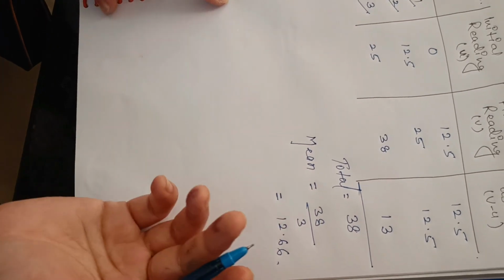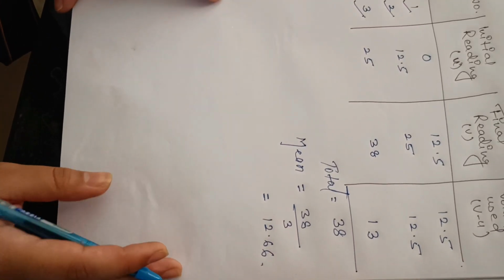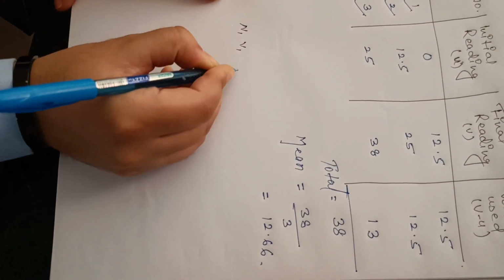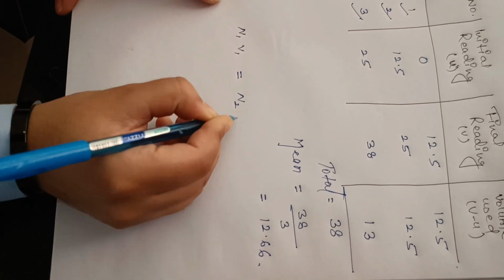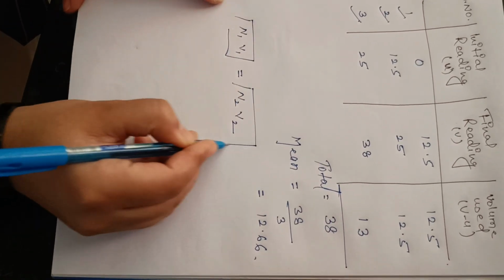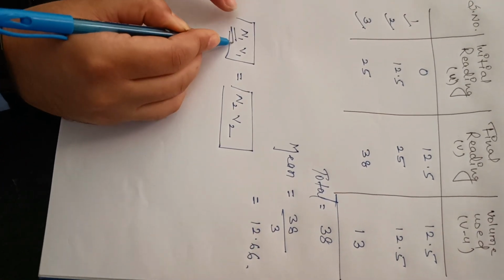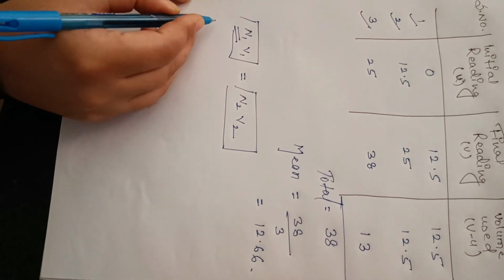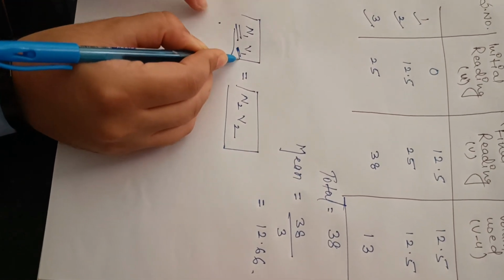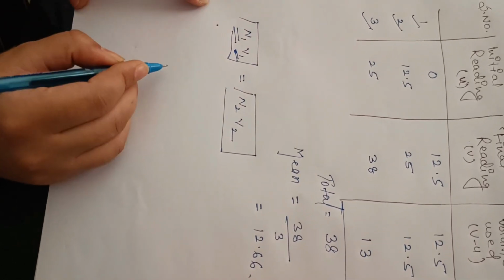Now we will calculate the normality of our secondary standard, that is our disodium EDTA. The formula that applies here is N1V1 equal to N2V2. This is a part of the primary standard, and this is a part of the secondary standard. N1 represents the normality of the primary standard, which will be given. V1 is the volume of MgSO4 we have taken from the volumetric flask into the conical flask.